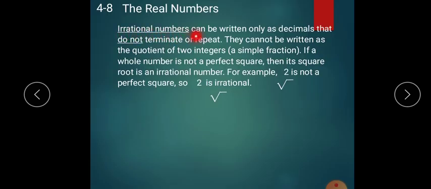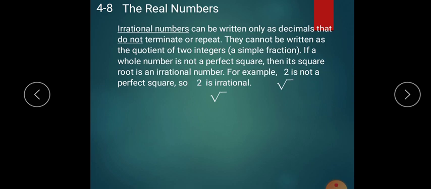Now let us learn irrational numbers. Irrational numbers are the converse of rational numbers. It means the numbers which we cannot express in the form p by q, where p and q are integers and q is not equal to 0.